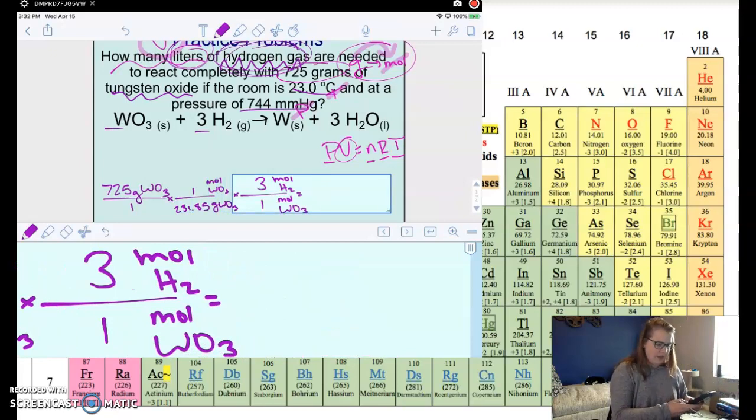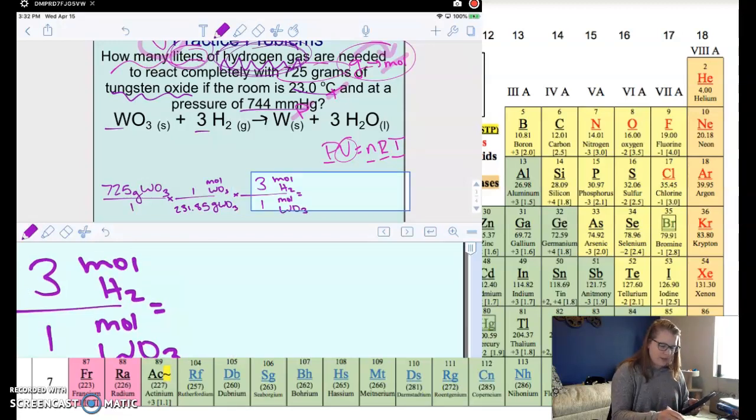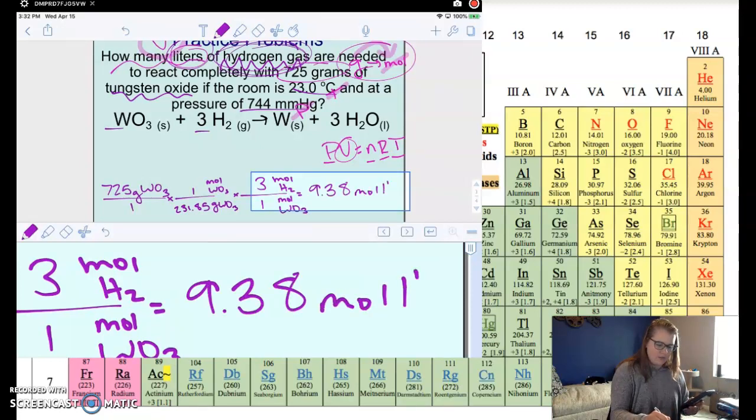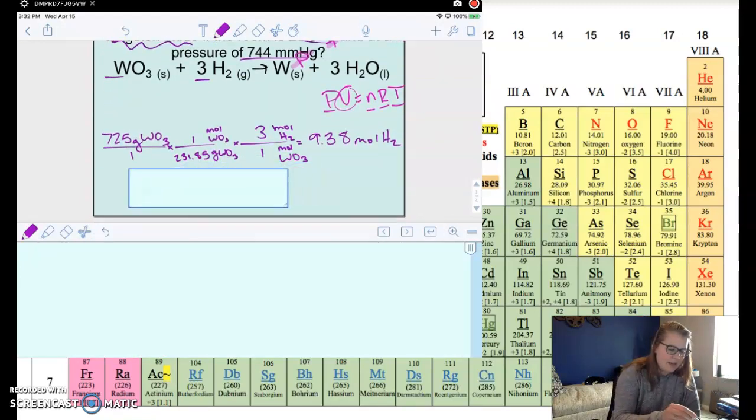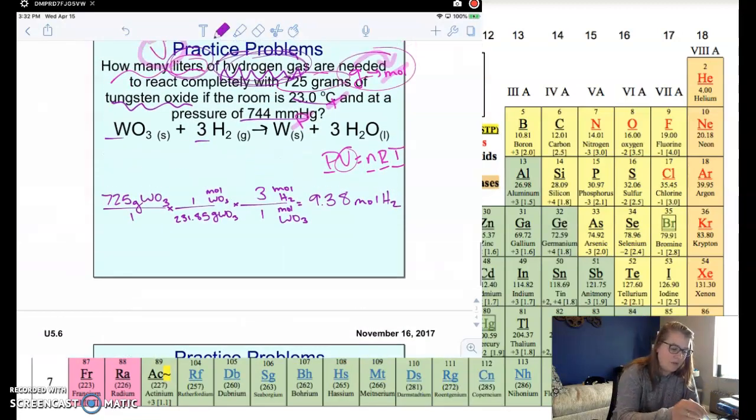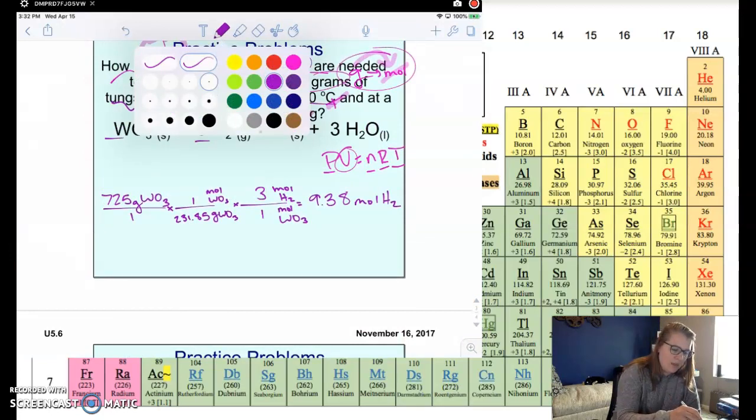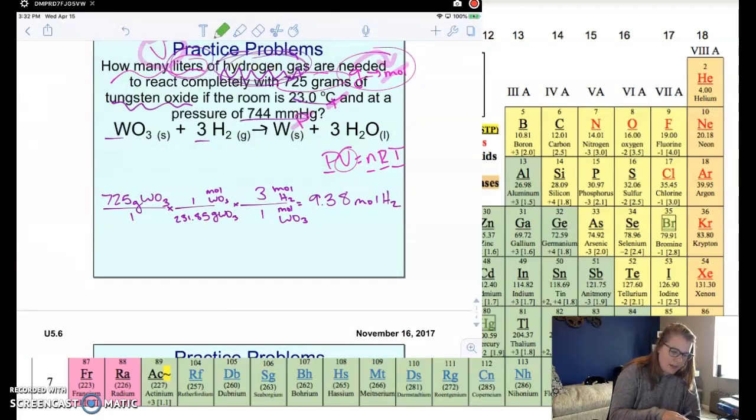So 725 divided by 231.85 times 3, it looks like I get 3 sig figs, 9.38 moles of hydrogen. All right, that's the stoich part. Now I can move on to the PV equals nRT part.